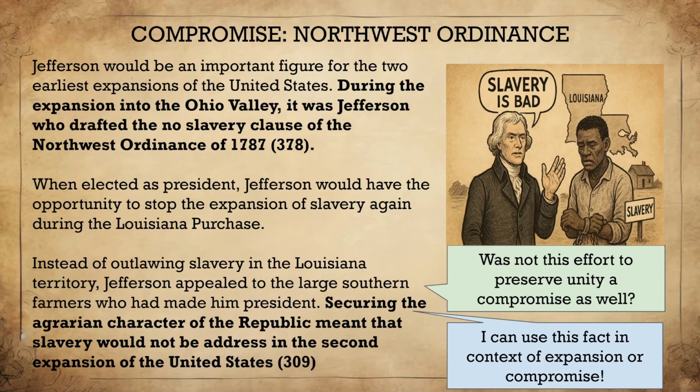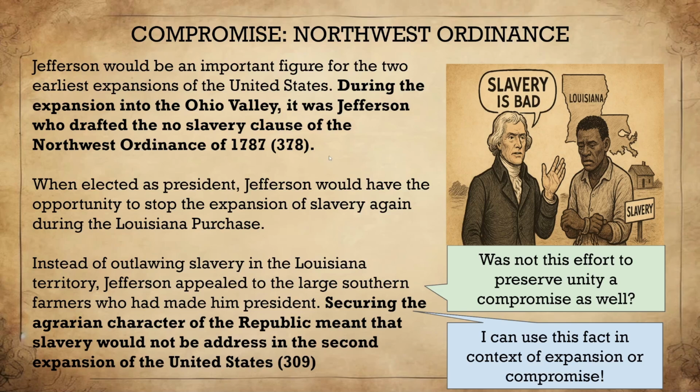It's interesting because he would be president during the Louisiana expansion. Now, in 1787, as American settlers are heading into the Ohio River Valley in the Old Northwest, Thomas Jefferson is the one who drafts the No Slavery Clause of the Northwest Ordinance.